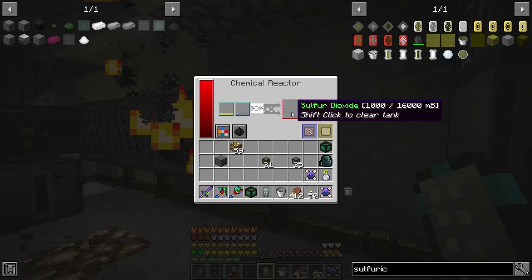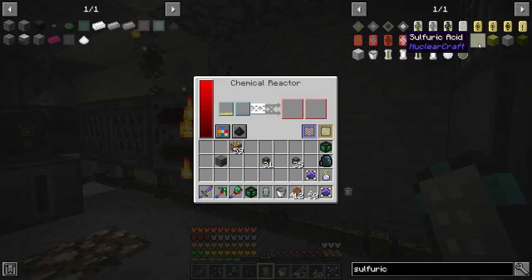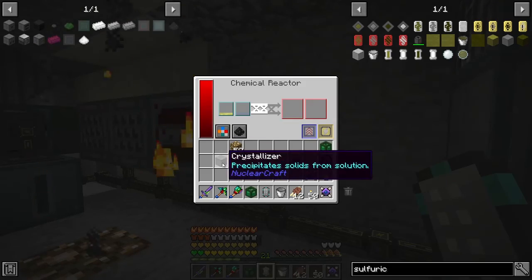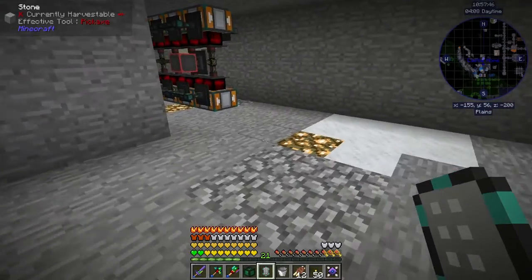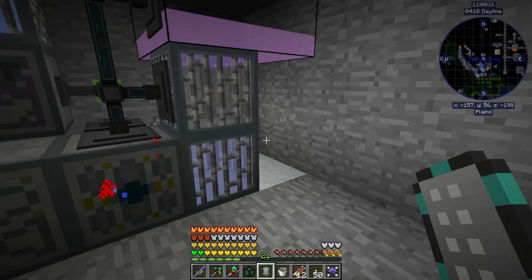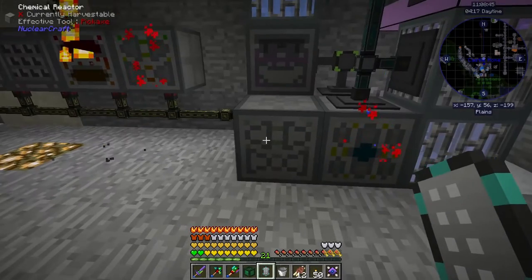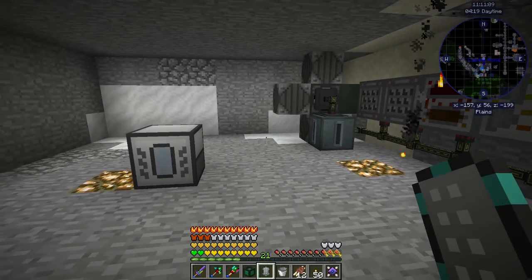Good. So sulfur dioxide becomes sulfur trioxide with another chemical reactor. How do I want to call it? Chemical reactor. Oh.